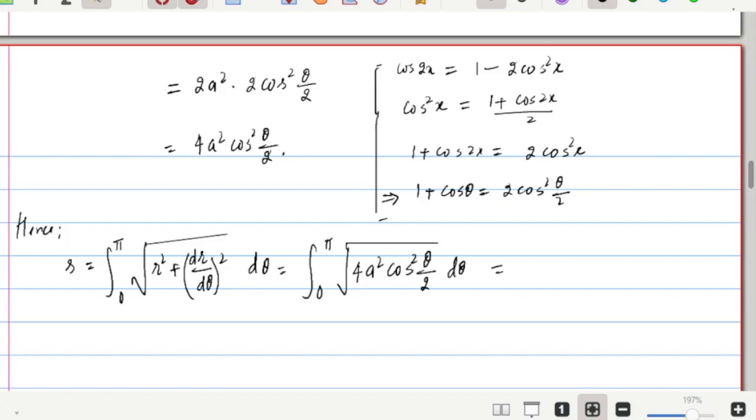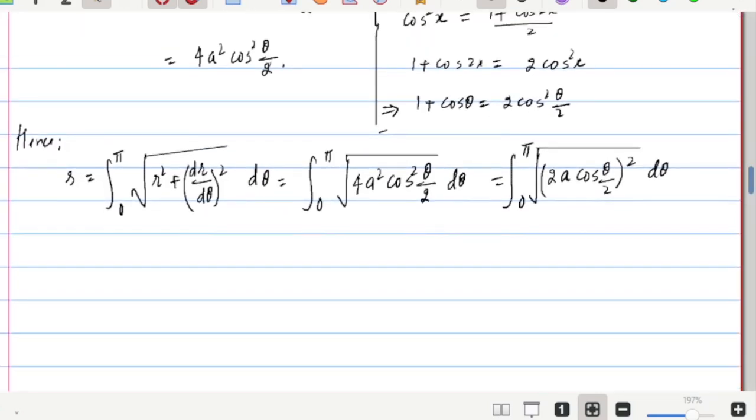So we can write this as integral from 0 to pi. अब इस अंदर वाली एक्सप्रेशन को हम ऐसे लिख सकते हैं, this is equal to 2a cos theta by 2 whole square. Then we also have a square root here, d theta.